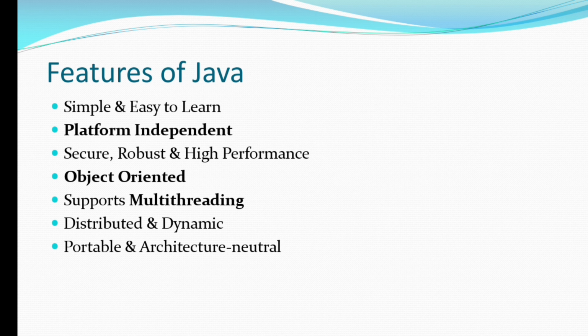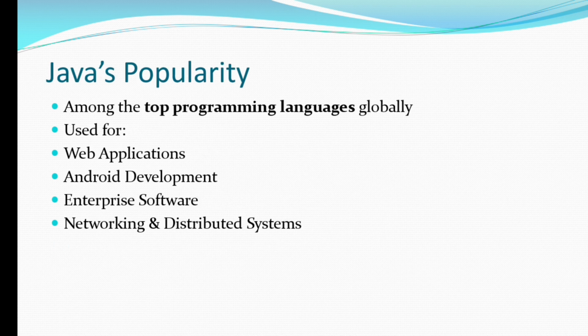Architecture neutral means the data size does not vary from operating system to operating system. If you take an example of an integer, the size of int is 4 bytes, which is fixed whether you are using a 32-bit processor or a 64-bit processor. Portable means we can share our Java code to any operating system.